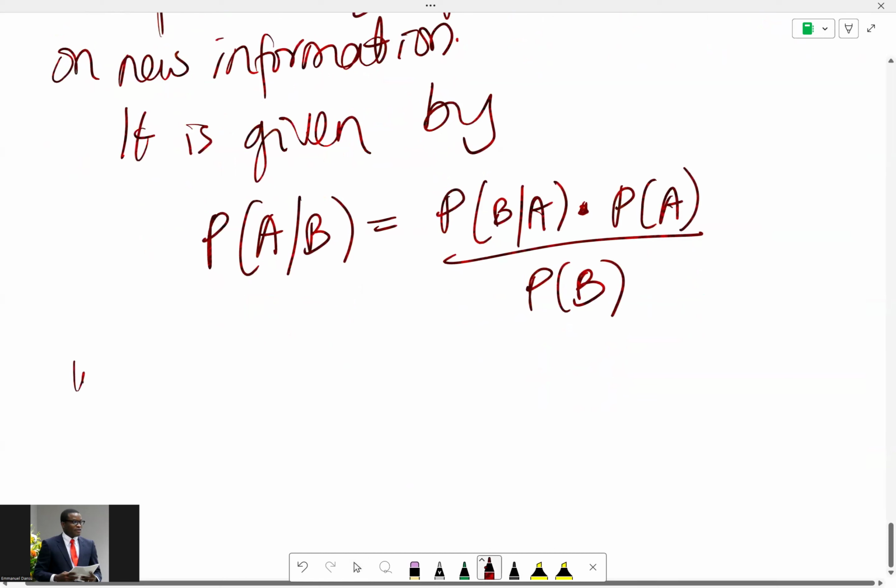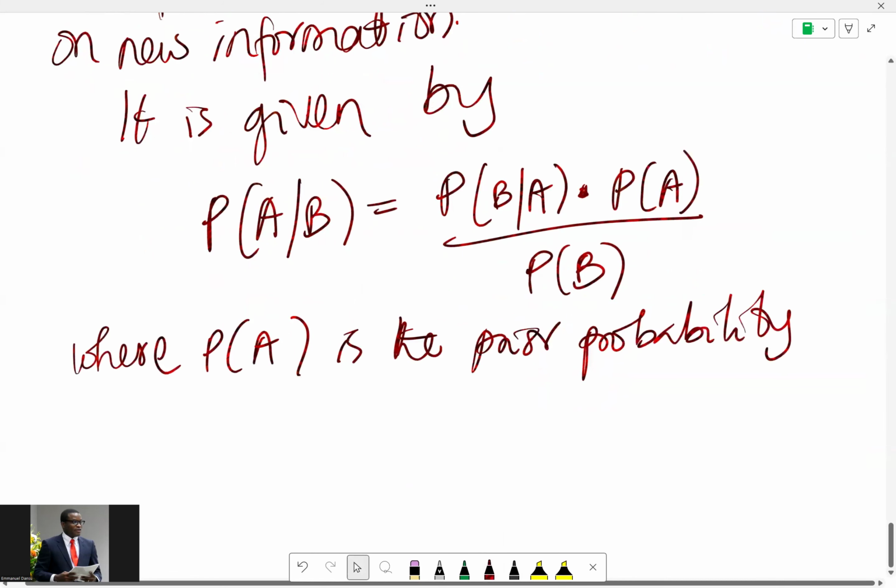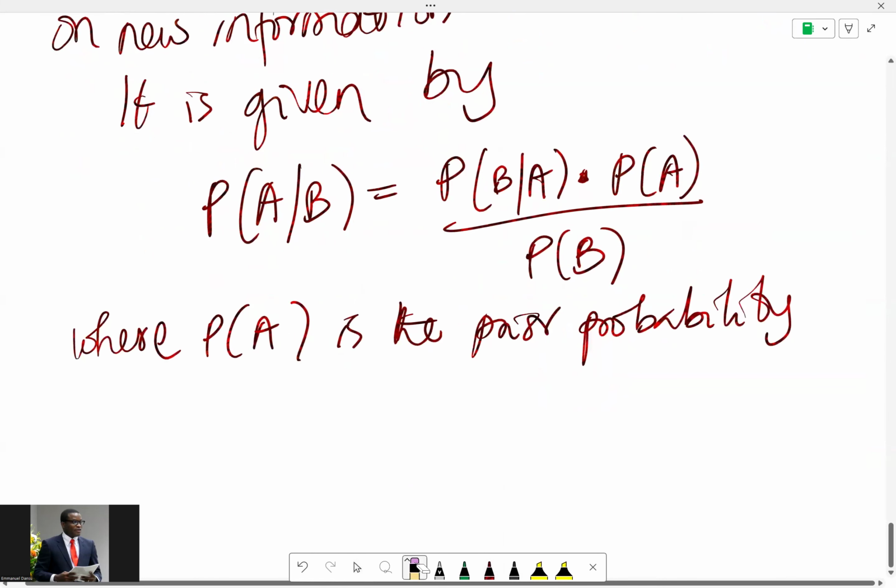So here, P of A is the prior probability. So that's like the initial situation you're dealing with. I guess I need to write this properly. Prior.